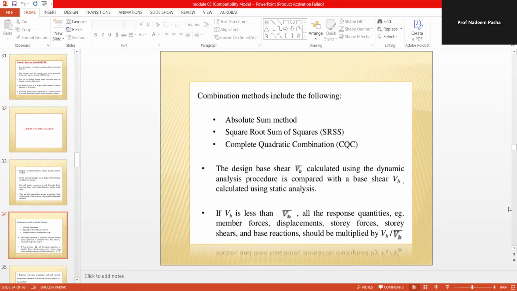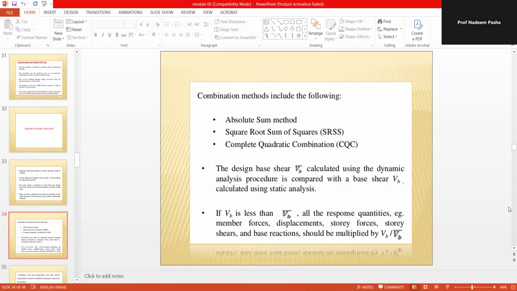Combination methods include the following: absolute sum method, square root of sum of squares, and complete quadratic combination.